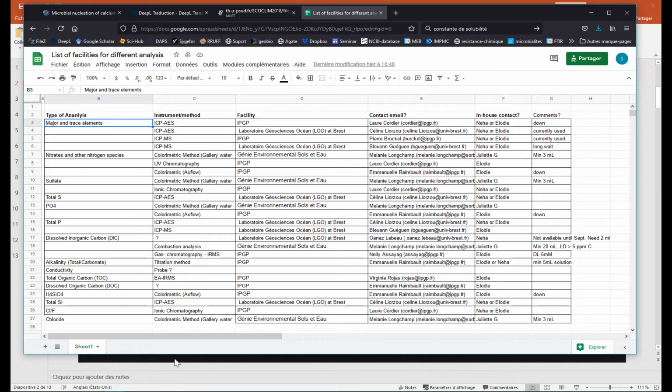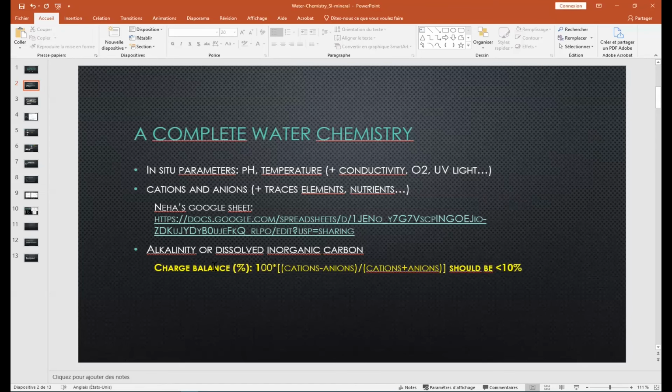And so what's important is to make sure that all your analyses are good. And to do that, you can calculate the charge balance in percent of your solution. It means that your solution needs to be in equilibrium.